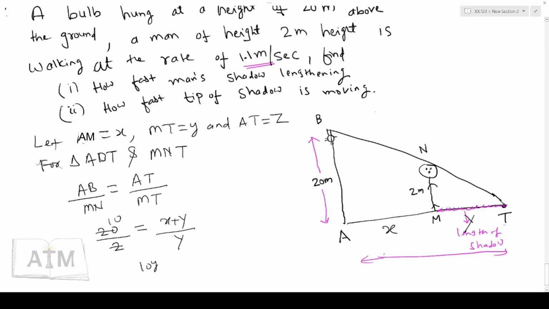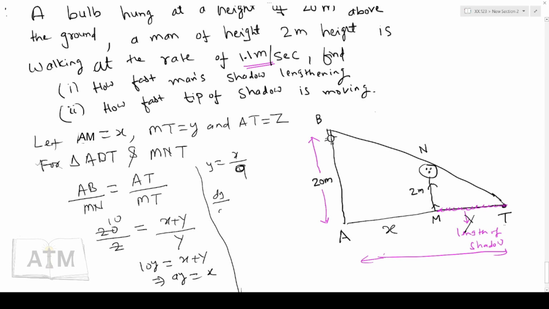So we get 10y equals x plus y, which implies 9y equals x. So y equals x upon 9.